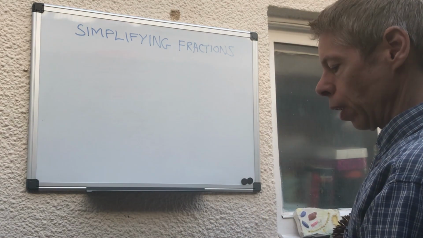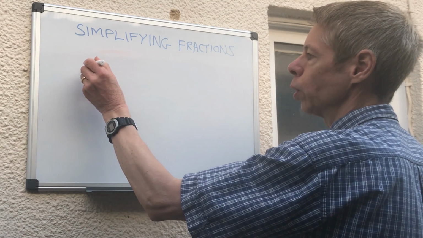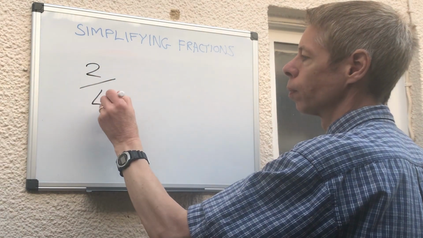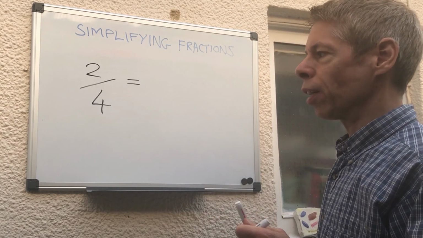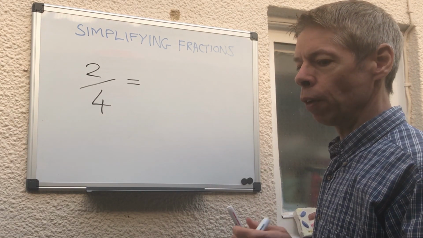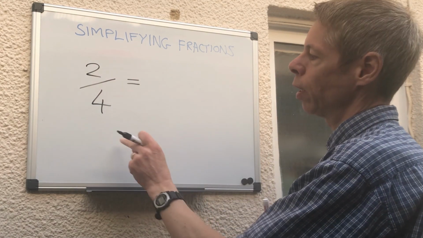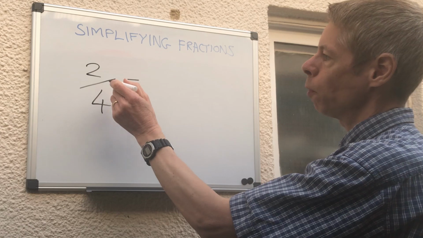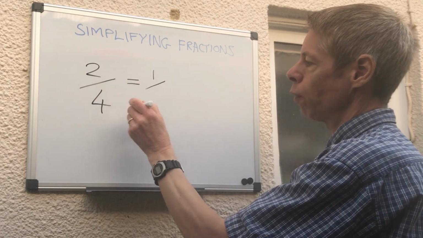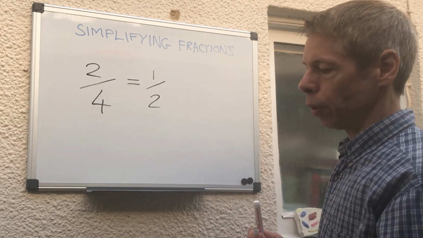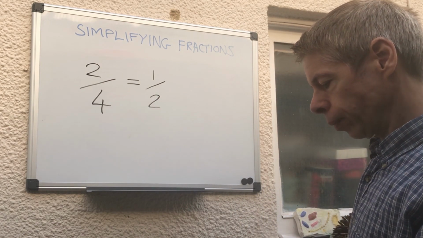So first of all, we're going to look at a nice simple one, 2/4. When you start learning simplifying fractions at school, they'll often give you fractions where they'll say halve the top number and halve the bottom number. So if we do half of 2, we get 1, half of 4, we get 2. So 2/4 equals 1/2.